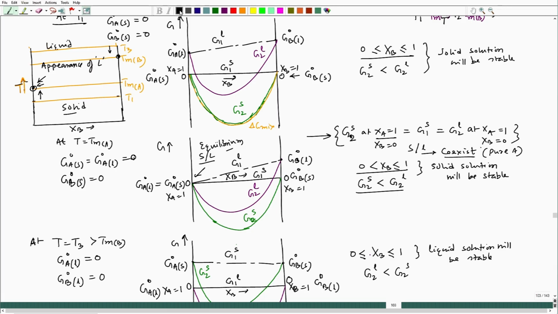Now, our understanding will have to be considered when I am considering a temperature which is in between, which is T2. So, the T2 point becomes a very important aspect. At T2 we have to consider how those phases will appear, what will be the composition of liquid as well as what will be the composition of solid.